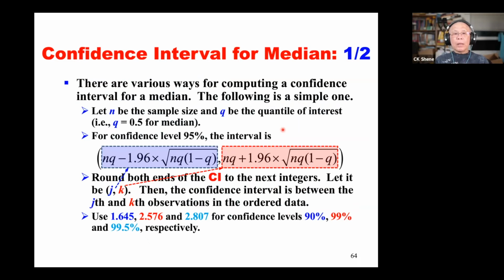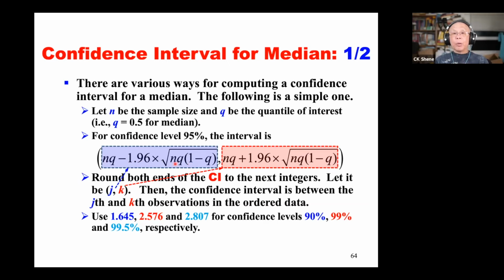Let N be the sample size and Q be the quantile of interest. For the median, Q is equal to 0.5. Under confidence level 95%, the confidence interval for the median is this: NQ minus 1.96 times this value.